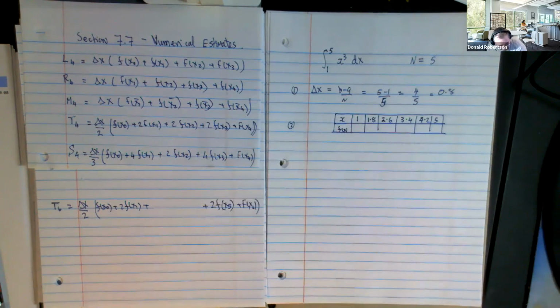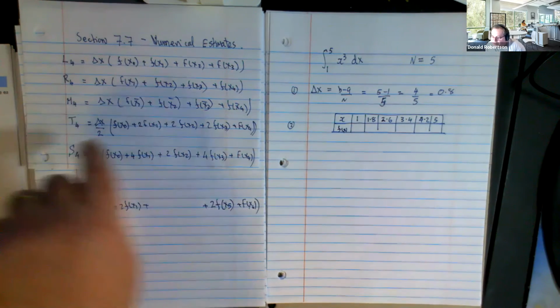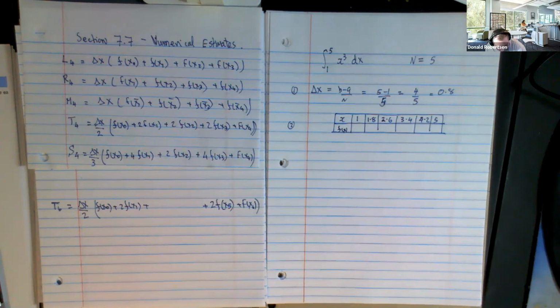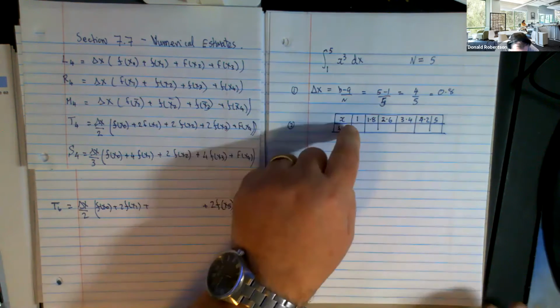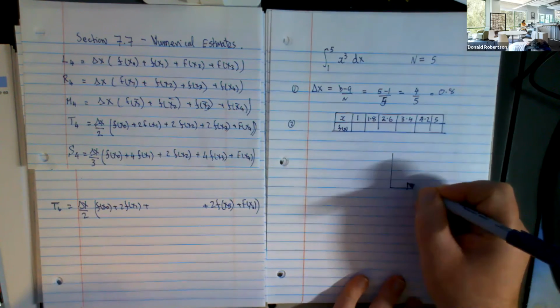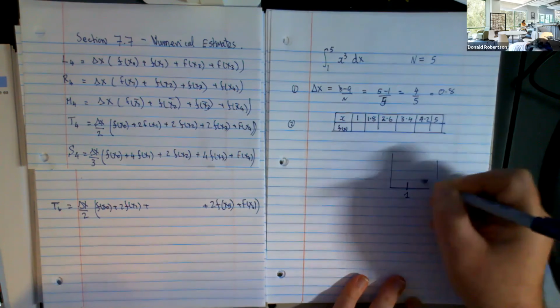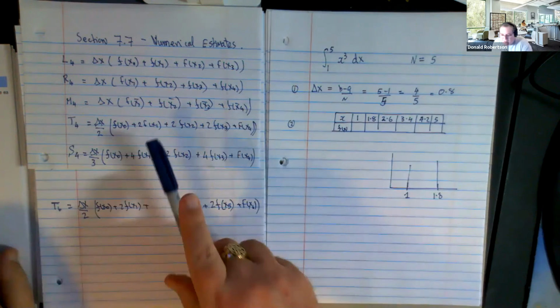But isn't that the table that you would use for left, right, trapezium, or Simpson? It's not the table that you use for midpoint, because midpoint isn't these x's. Imagine that guy is 1 and that guy is 1.8. So that's like where my first strip would be.